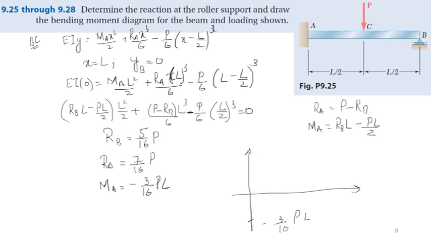At midspan C, it will be 5 by 32 times PL, and it will be 0 at B. So the bending moment diagram will be like this, and you have to try at home how to draw the bending moment diagram for this. If you have any question about that, we will discuss.